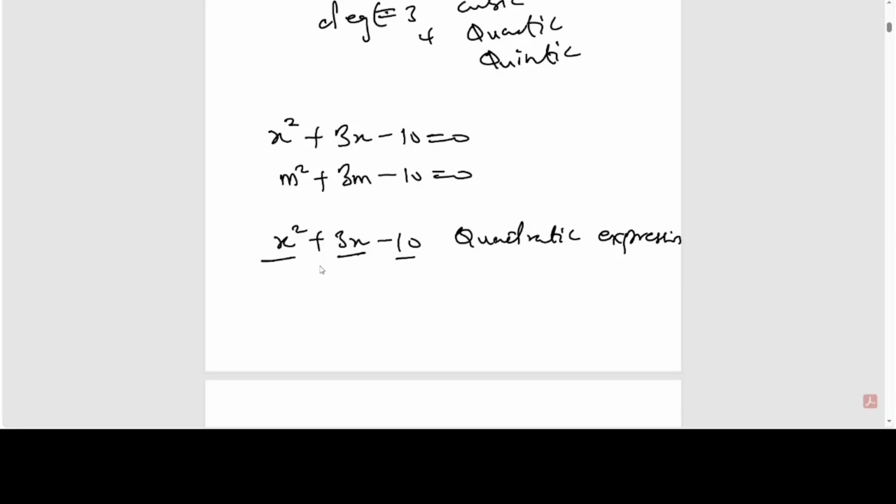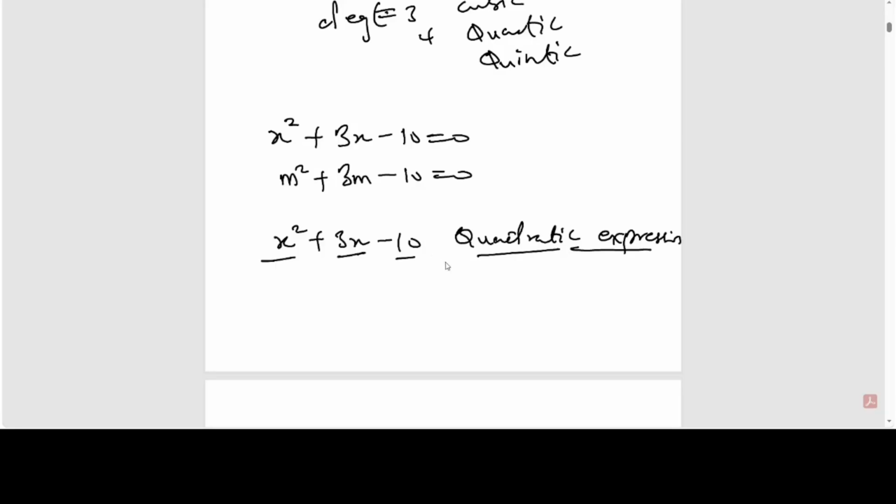So you need to understand that there is a slight difference between a quadratic equation and a quadratic expression. A quadratic expression doesn't have any equal sign, but a quadratic equation has an equality sign. Whenever you are given a question to solve, make sure you know whether you are solving an equation or an expression.